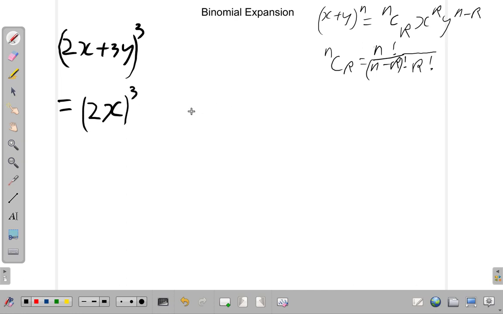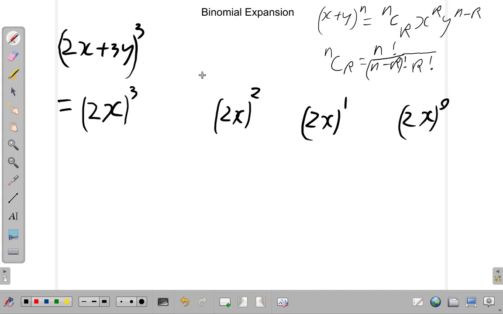Then we have 2x again, raised to the 2. We have 2x again, raised to the power of 1, and 2x again raised to the power of 0. Alright?